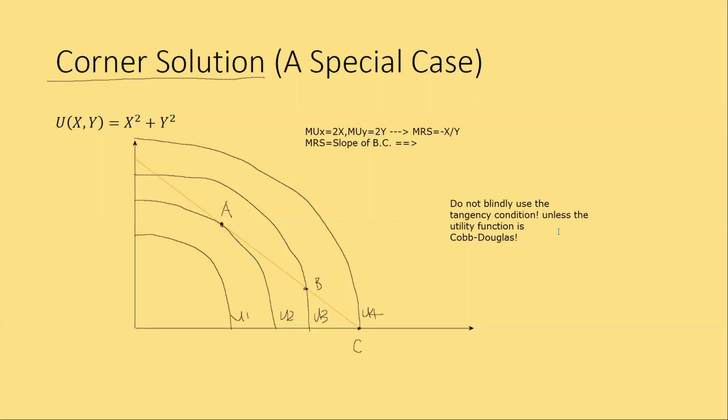So the tangency condition only works for Cobb-Douglas and some types of utility function, but we need to verify that. And without doing so, we cannot apply the tangency conditions to those.